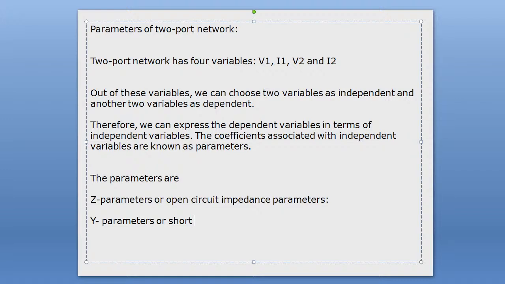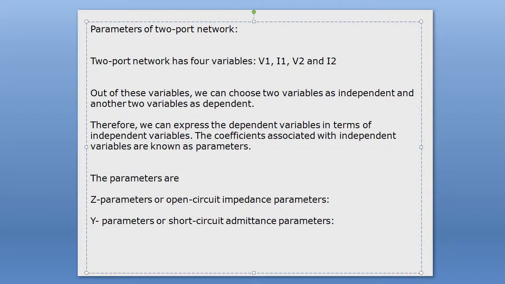I will discuss later why they are called open circuit and short circuit. And you know that the impedance parameter is the reciprocal of the admittance parameter, or the admittance parameter is the reciprocal of the impedance parameter.